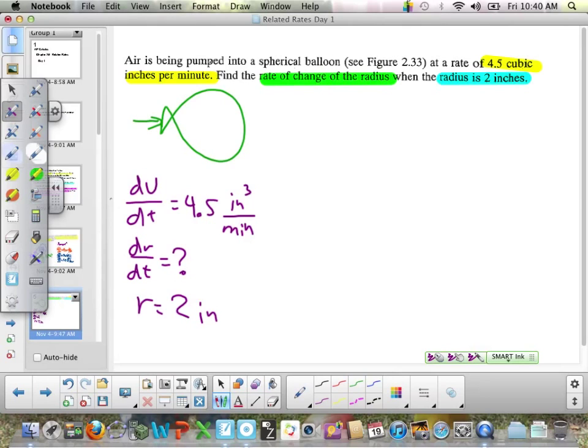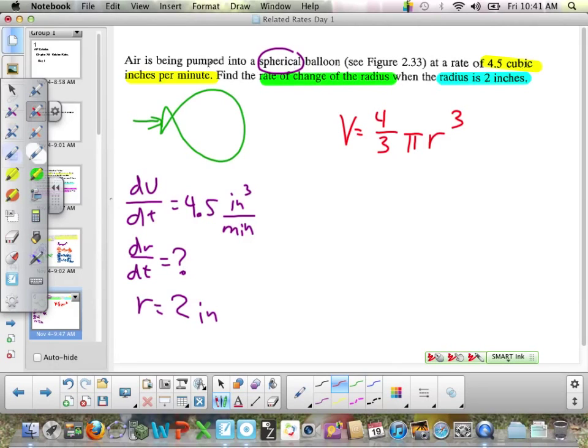Our equation relating volume and radius of a sphere, well, that would be volume equals 4/3 pi r cubed. Now we've got step 1, our picture, our knowns and unknowns. We've got step 2, our equation.